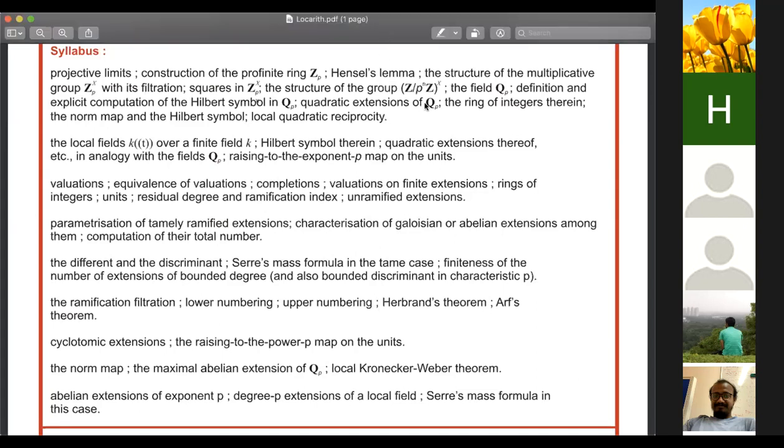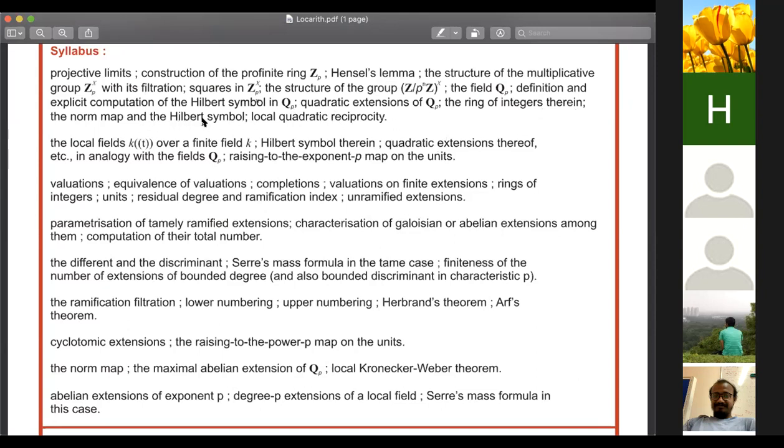Okay, so these are the three basic questions which you can ask for any naturally occurring extension of any given field. Here, our field is the field Q_p of p-adic numbers, and we would like to understand all its quadratic extensions, and that's where the Hilbert symbol will come in.